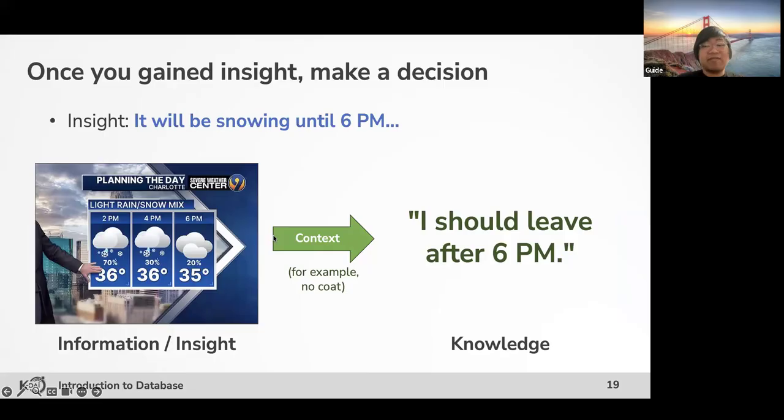So let's say I am outside right now and I do not have any snow protection. Based on the insight that I have, I know that I need to leave after 6 p.m. Otherwise, I will encounter snow. See? That is a piece of knowledge that I gain from the insight plus the context, my own context. Okay?